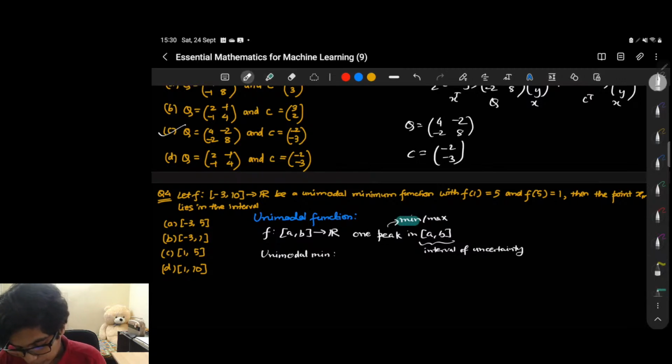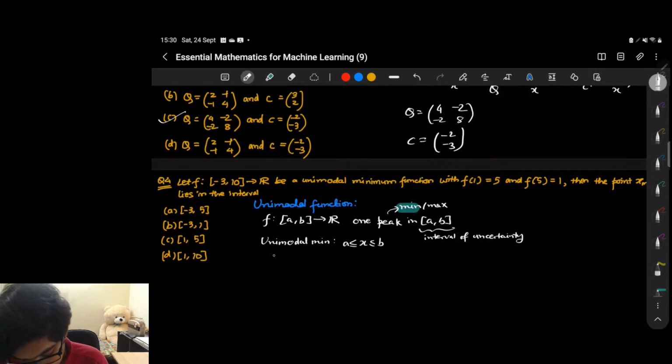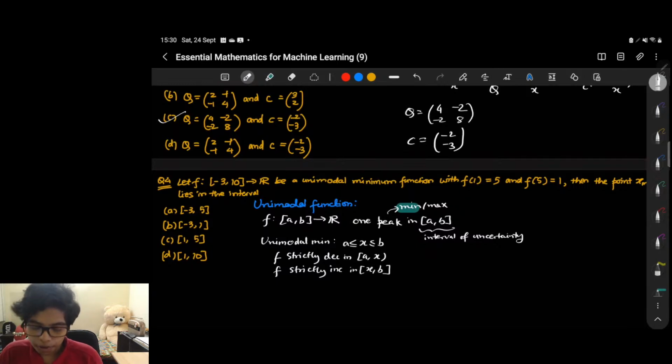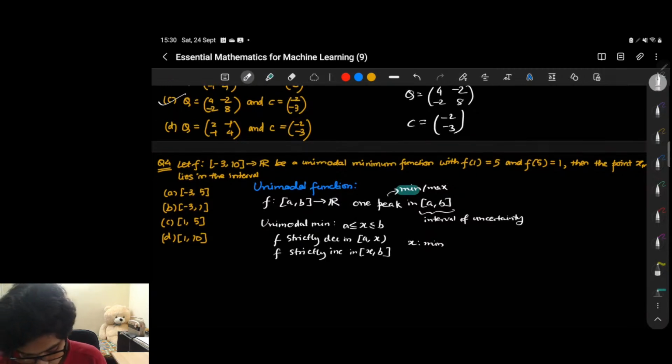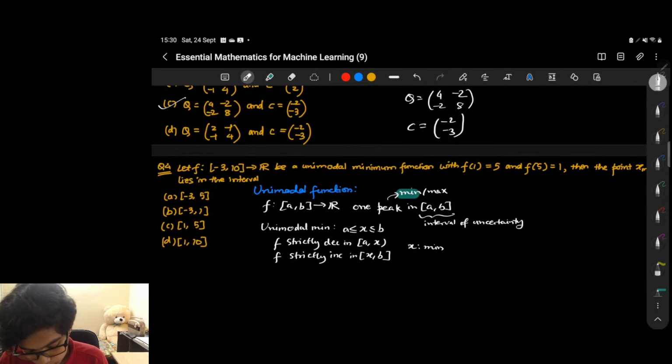So for a unimodal minimum function, you have x in the interval (a, b), and f is strictly decreasing in a to x, and f is strictly increasing in x to b, and then this x is the point of minimum. So this will be the unimodal function.